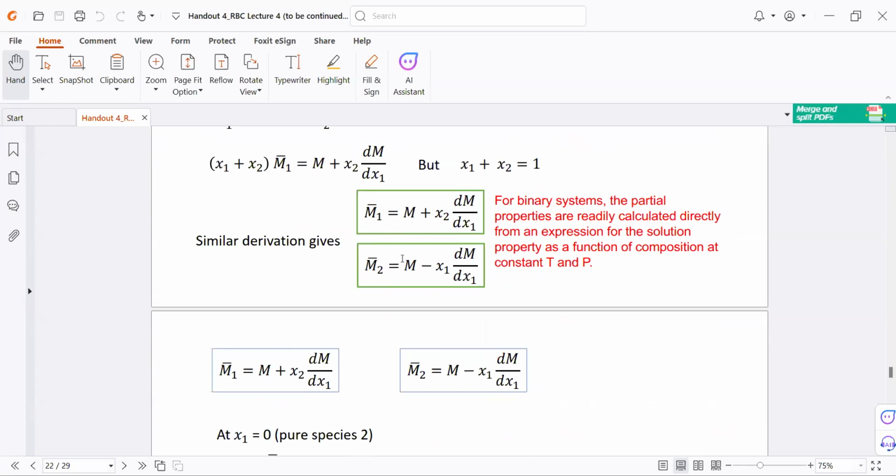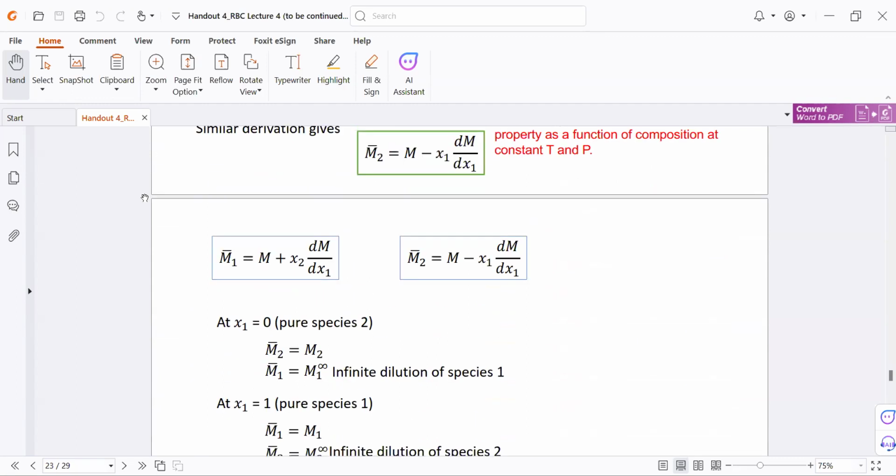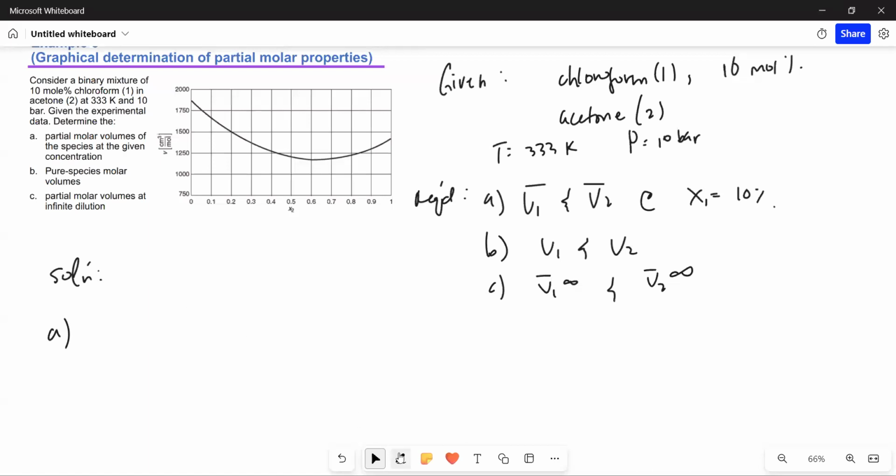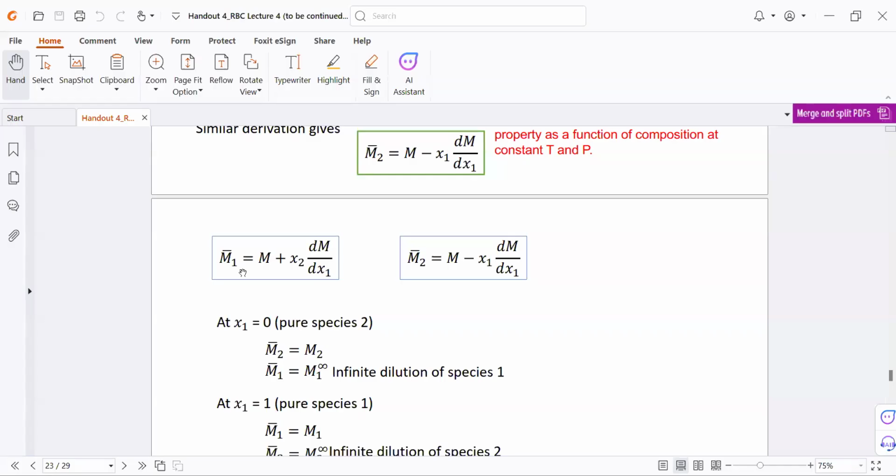These two equations are an expression of the partial properties in terms of composition, at constant T and P. Since these are the generic equations, let's transform them for when the property is volume, and specifically I choose V sub 1 equals M plus x2 dM over dx1.